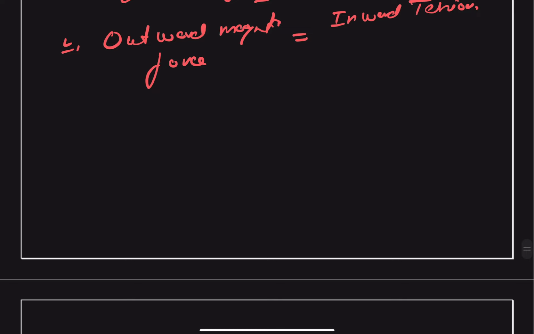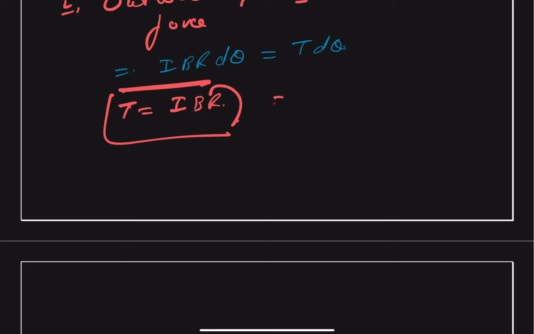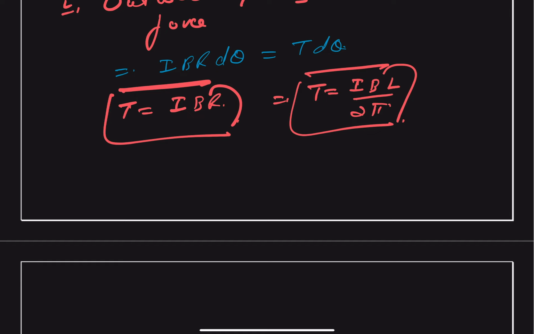Therefore we can say that I B r d theta will be equal to T d theta, and this gives us that the tension T will be equal to I B r. So this is the tension in the wire, and we can also substitute the value of the radius. So we can write that tension T will be equal to I B L upon 2 pi. So this is the tension in the wire.